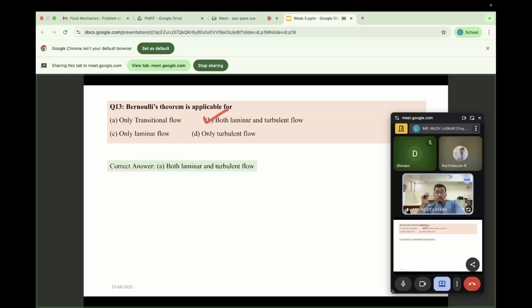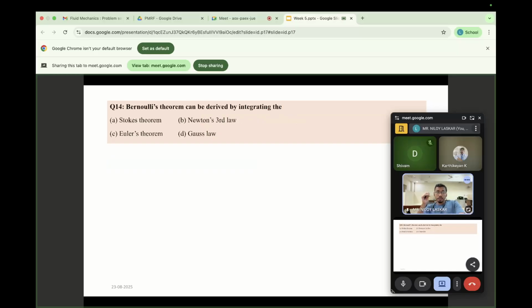Similar is another question. This question is about Bernoulli's theorem. This theorem is derived from which theorem? The options are Stokes theorem, Newton's third law, Euler's theorem, and Gauss law. Please try to answer.